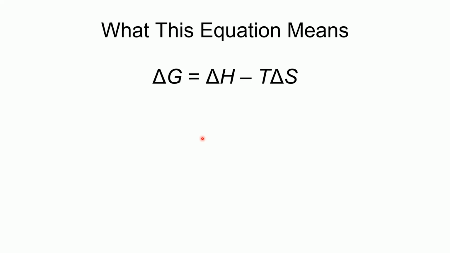We're going to find that the delta H is going to be determined by the changes in the intermolecular forces. We're going to look at those in a little more detail in a minute, but those things will determine how much heat is either given off or absorbed over the course of the reaction.